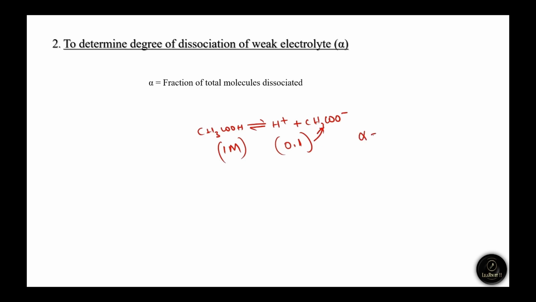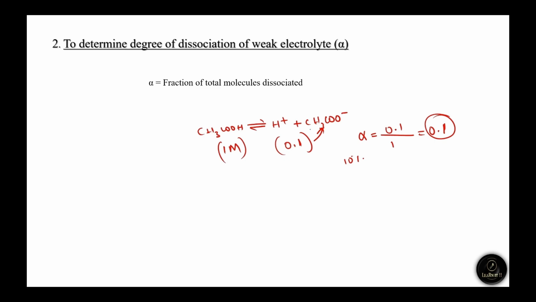So alpha represents 0.1 divided by 1, that is equal to 0.1. So this is the degree of dissociation. Or we can say that 10% is the degree of dissociation of the weak electrolyte.